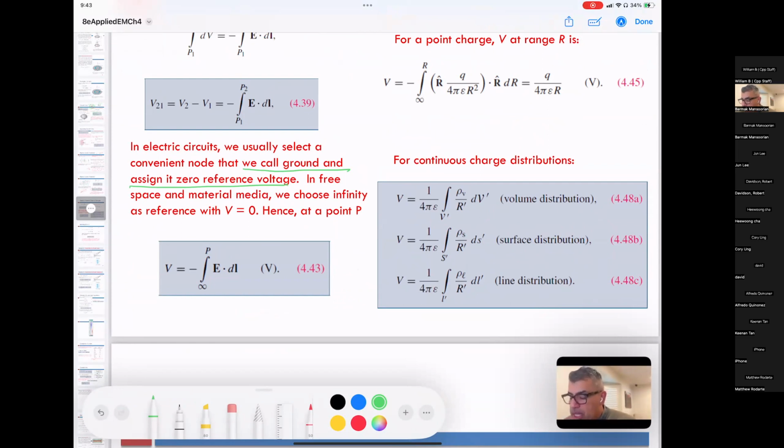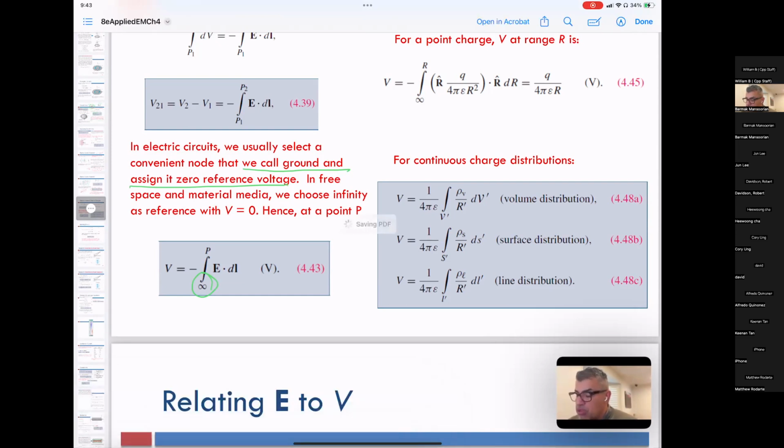So we could potentially have a voltage at a point when you're referring it to infinity. When you say 5 volts only, and not a potential difference of 5 volts between 2 points, you're implying that you're comparing that point's potential to infinity, or someplace where there's a 0 volt reference.